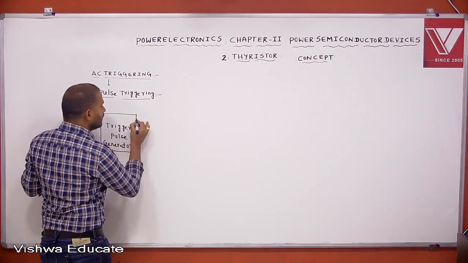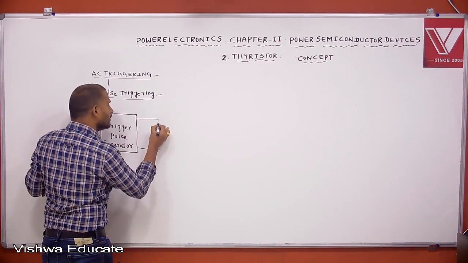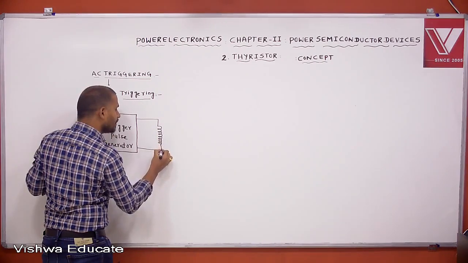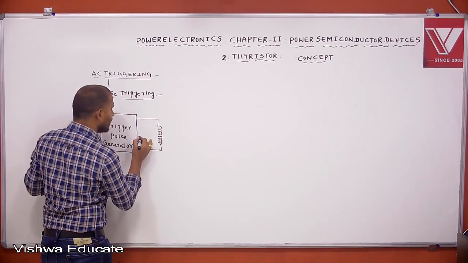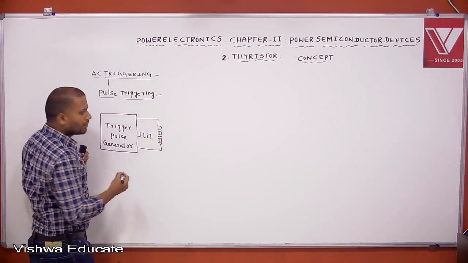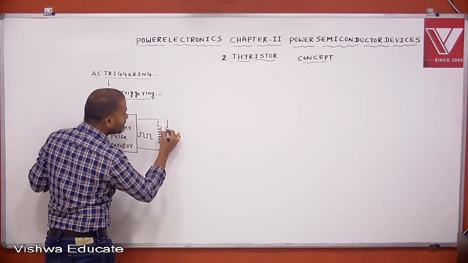Then the output of the trigger pulse generator is given to a pulse transformer, also called an isolation transformer.